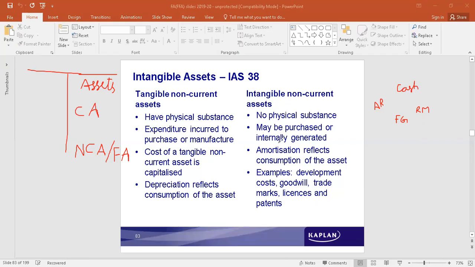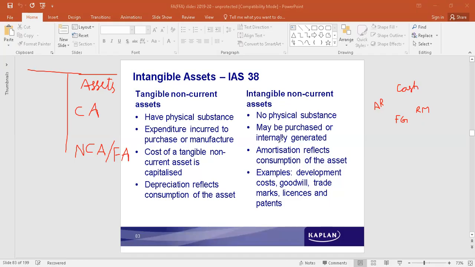These are the terms. In case the asset is a natural resource like a mine or a quarry or an oil well, and the resources are extracted out of that, the value is reduced because the benefit is already derived. To that extent, any amount that has to be written down is referred to as depletion.